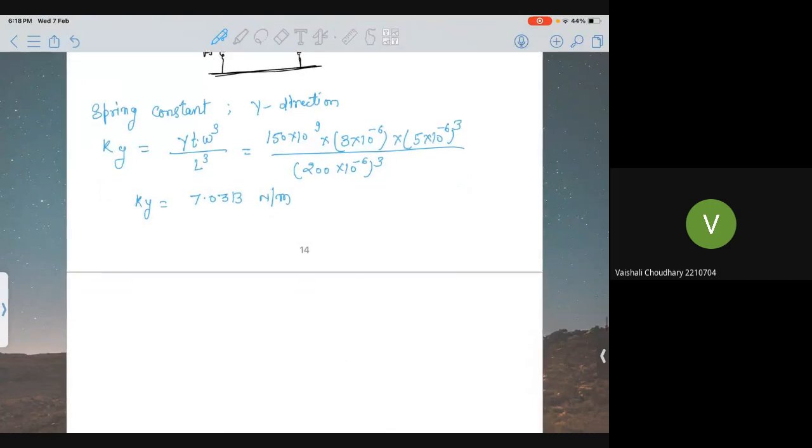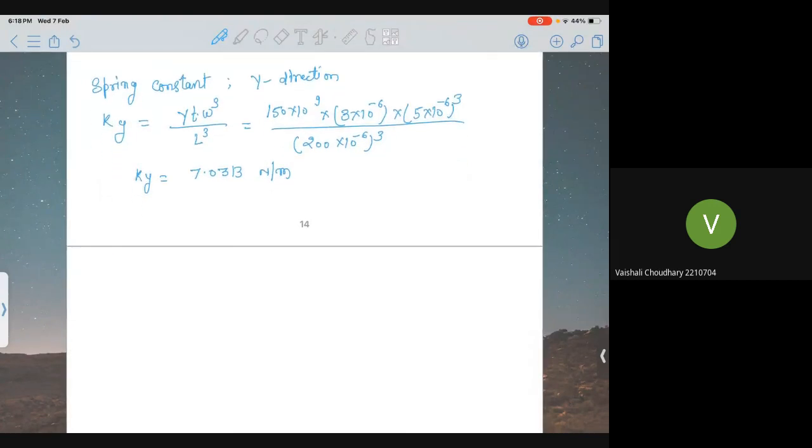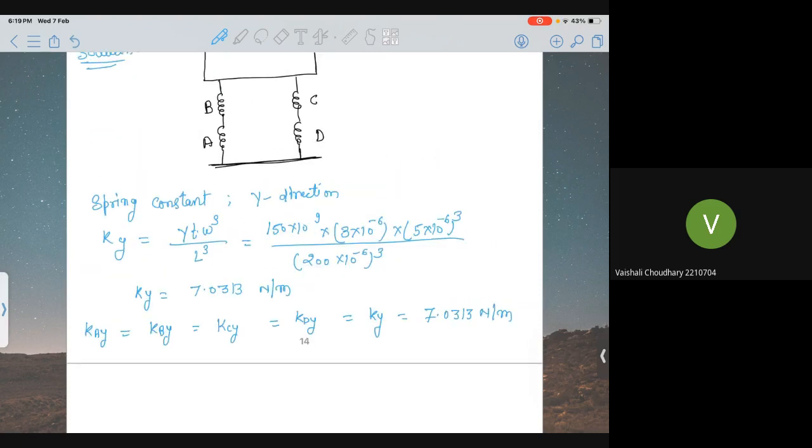So for A, B, C, and D, the spring constant will be the same, which is ky, and the value of ky is 7.0313 Newton per meter. Okay, now we'll calculate the equivalent spring constant.